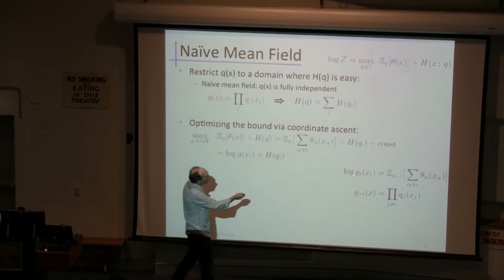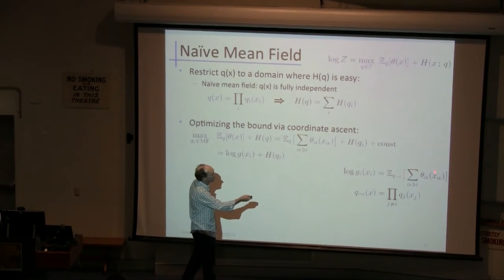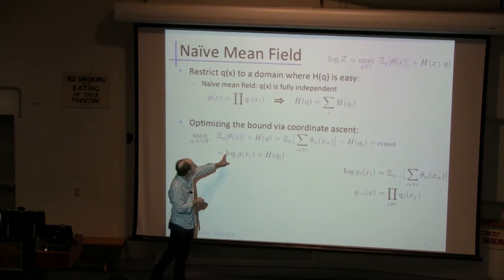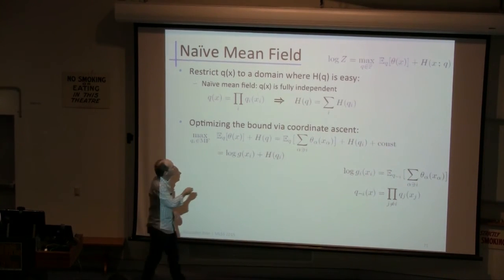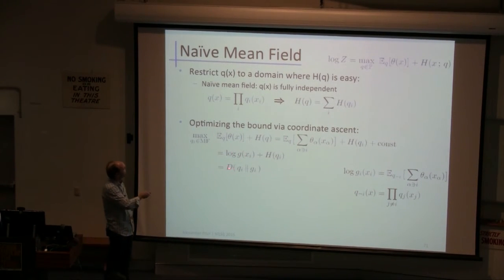So in fact, you can just define, say, log gi to be the expectation over all the other variables of these terms. This leaves just a function of xi. Sorry, this should be the expectation over qi of this plus H of qi. Sorry, there's a typo. And that expectation of this plus H of qi is actually just a KL divergence between g and q. The KL divergence is minimized by matching qi to g.